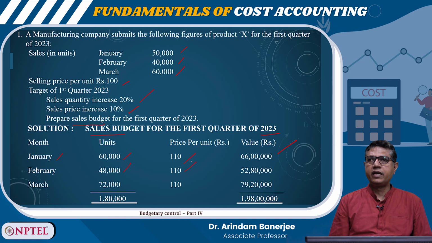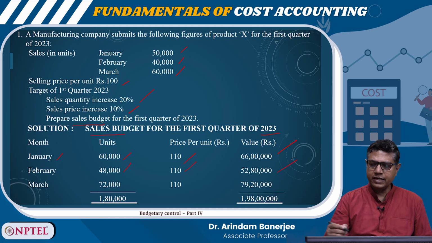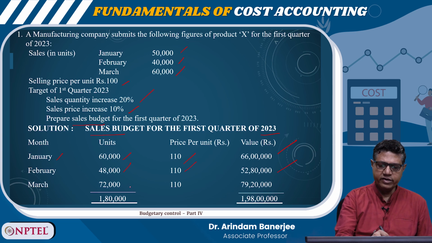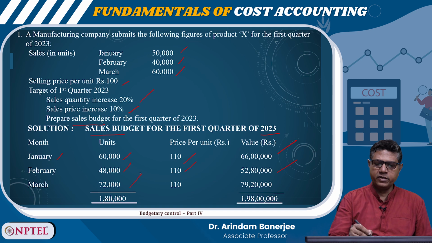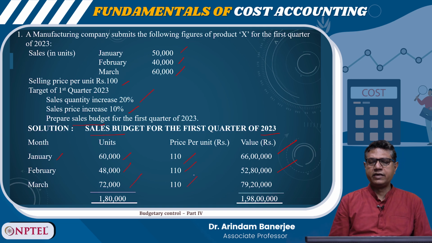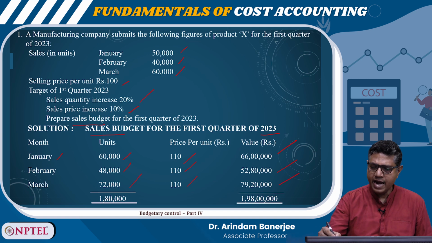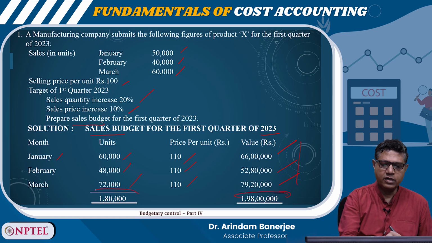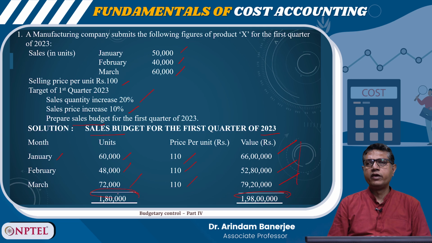So, 48,000 into 110 is 52 lakh 80,000. And in March, the total unit is 72,000 and price per unit is 110. So, 72,000 into 110 is 79 lakh 20,000. If I add all this, I get the total value and total number of units. So, this is the way of preparing the sales budget.